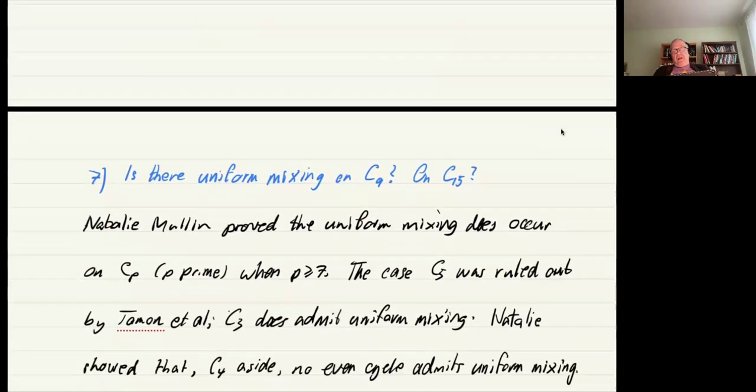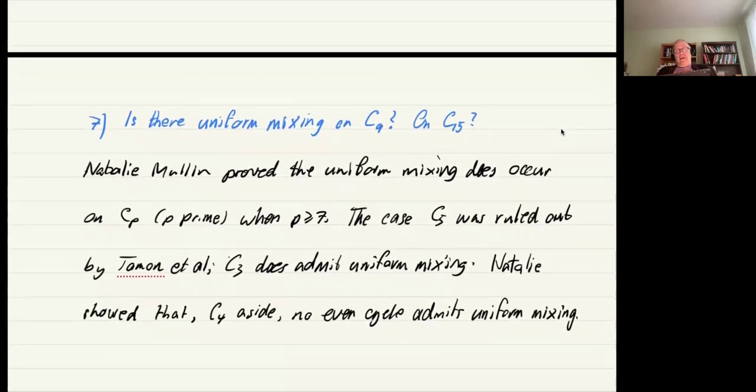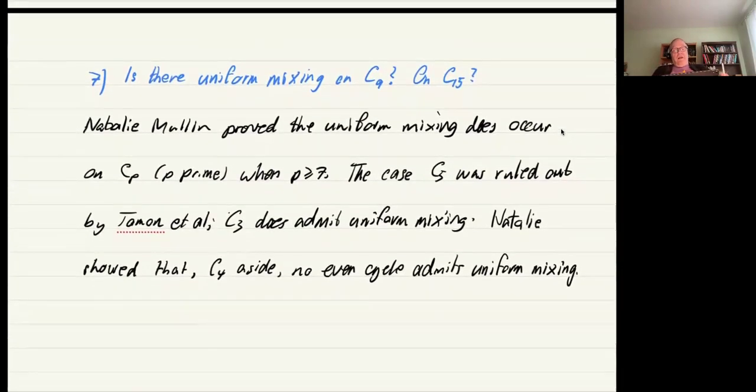Now, related to uniform mixing, and again to this question about constructing flat unitaries, I'll summarize what we know about cycles in a second, but the question I'm asking is, is there uniform mixing on the cycle C9? And if you do that, the next question is C15. Now, 9 is a prime power, and 15 is not, so these could be a little different.